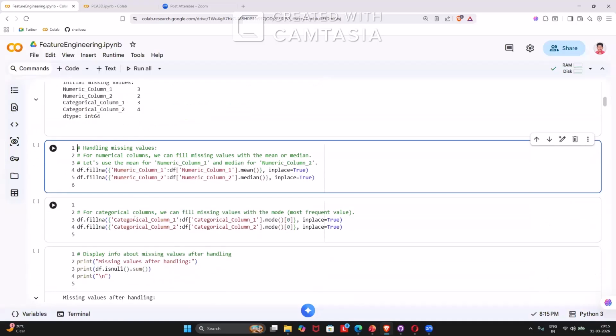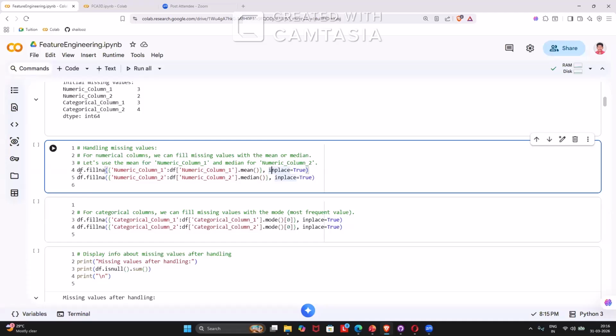And to handle that, what are we doing? We can make use of the fillna function, and within it we mention the column in which we need to fill the null values. The value to be filled is the mean of that particular column. inplace equal to true means the change should be reflected on this df itself.